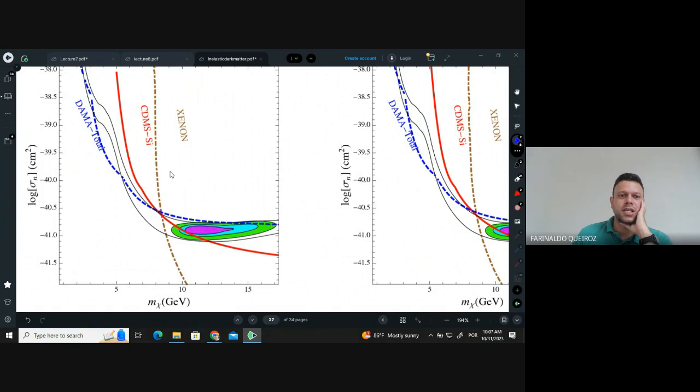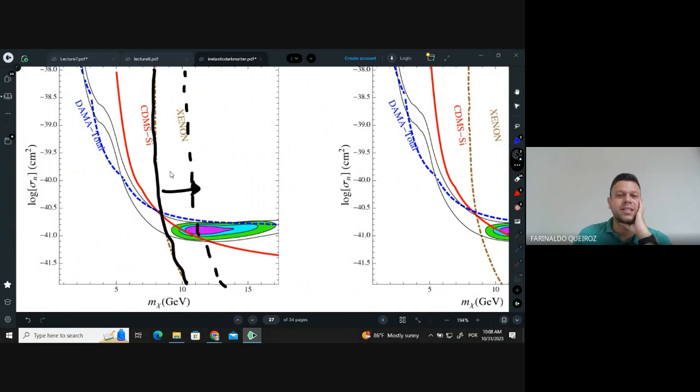And there is another discussion which I mentioned to you, I think two lectures ago, which is they take this limit from xenon and move it to the right. So it appears right here to survive in some region there. Based on what argument?